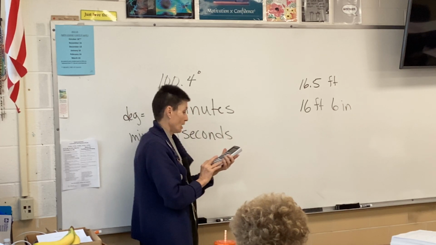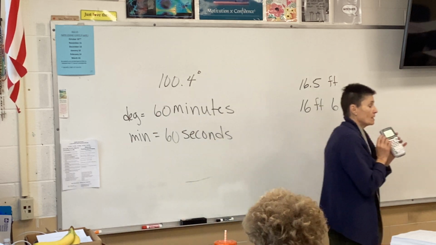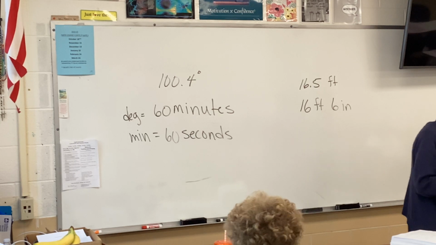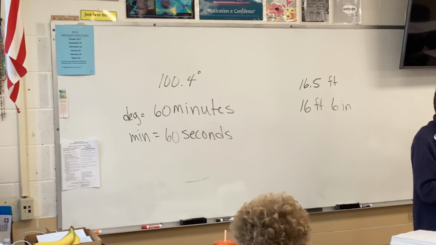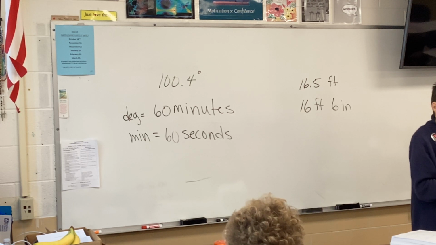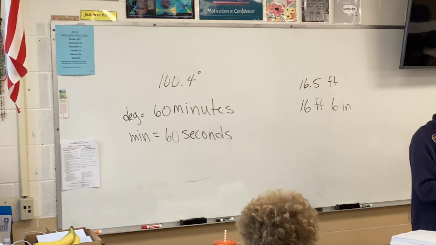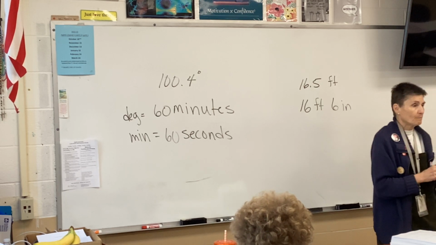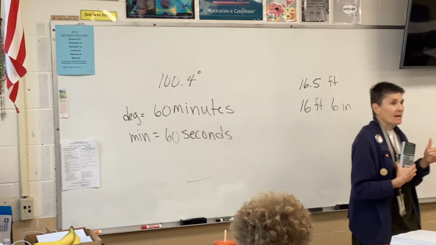Okay? All right, now, I want you to type 100.4. Just type the number 100.4. And then go into, okay, for me, it's got purple writing on it. It's called apps. See that button right there? It says apps. Right above it, you see how it's written angle right above it? So we're gonna second apps. That's our angle menu. And I want you to click down to the DMS.